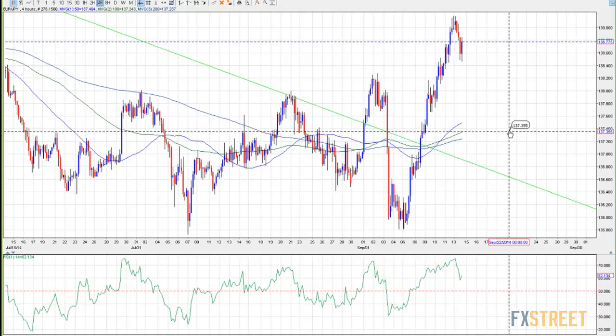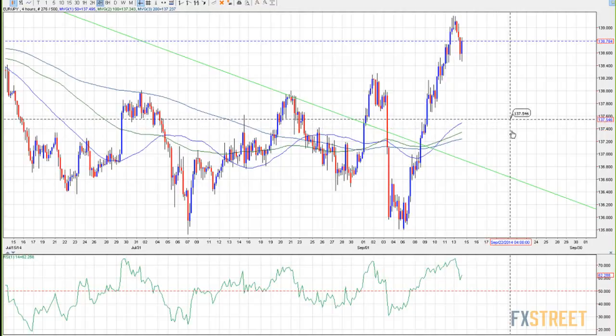With that 60 pip risk, our first target should just be back around these highs, 139, and that would be about 150, 160 pips. So that would be pretty much barely a 2-to-1 reward to risk, but we're talking about a conservative bullish outlook, and that's reasonable.